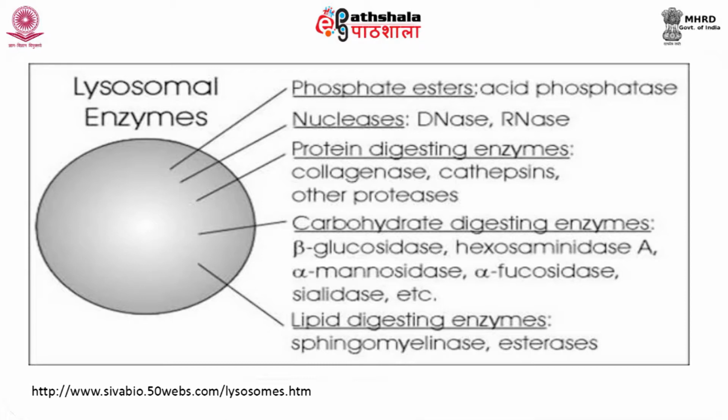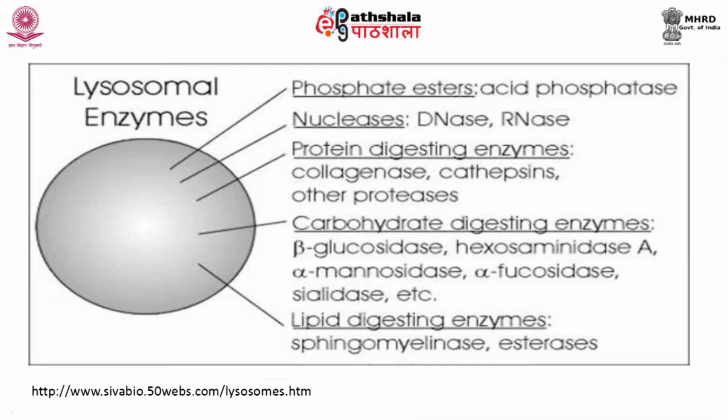This acidic pH provides protection against uncontrolled digestion of the cytoplasm in the lysosomes. Cytoplasm has pH 7.2. So, if lysosomes are broken, then the acidic pH of lysosome would not affect other organelles in the cytoplasm because the lysosomal enzymes will be inactive at pH 7.2.